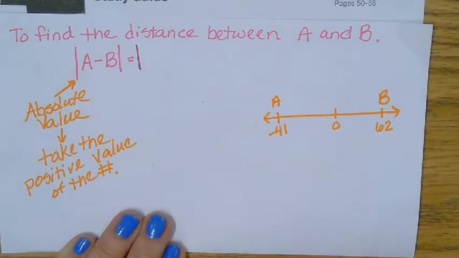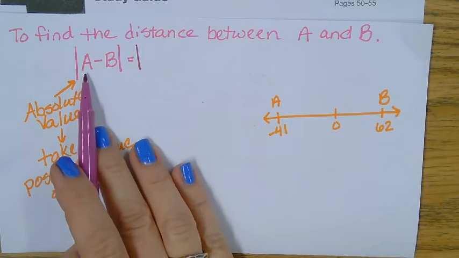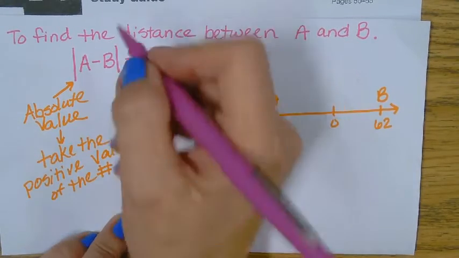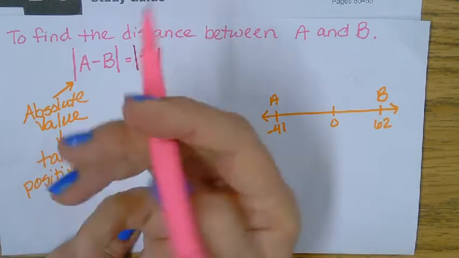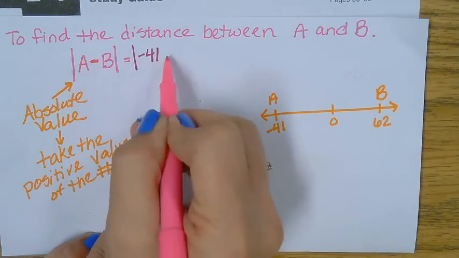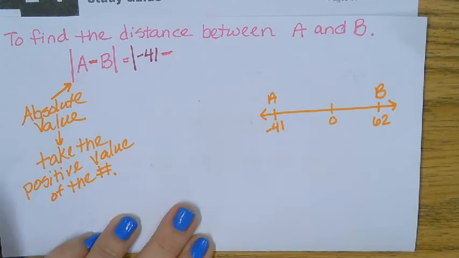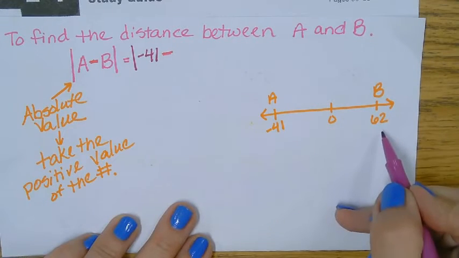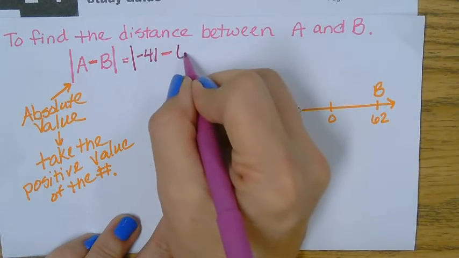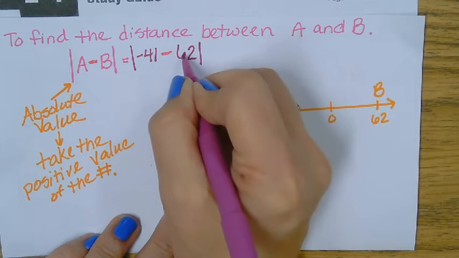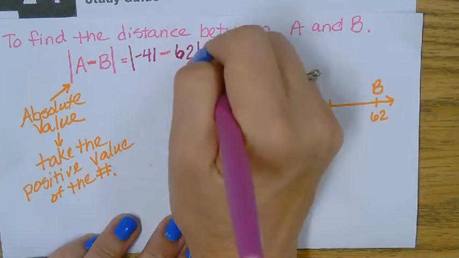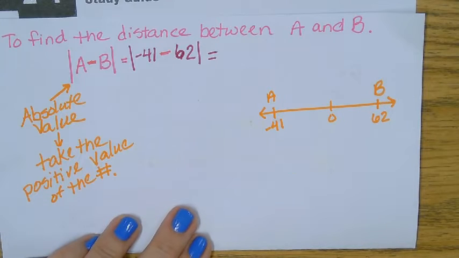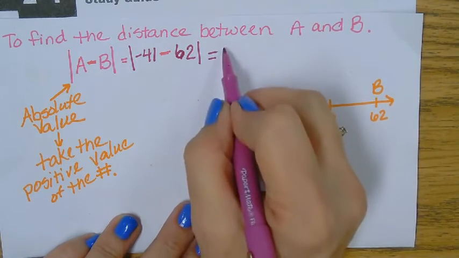So what point is A at? Negative 41. Minus, so we're going to use the minus from the formula, and B is at 62. So now what is negative 41 minus 62?